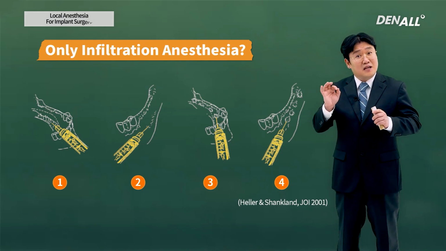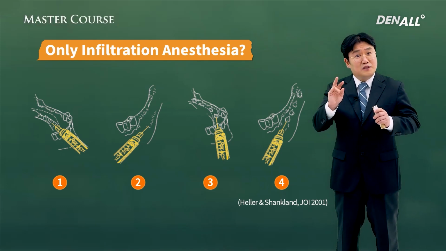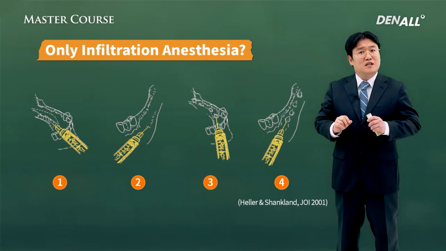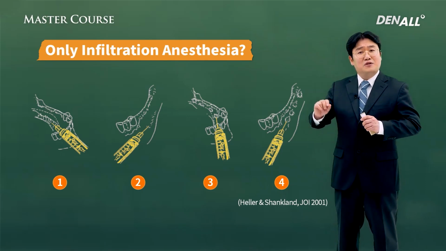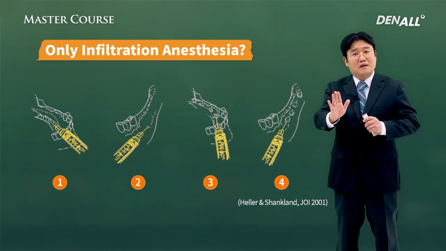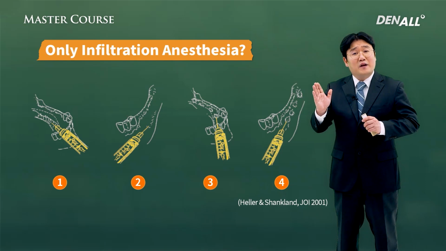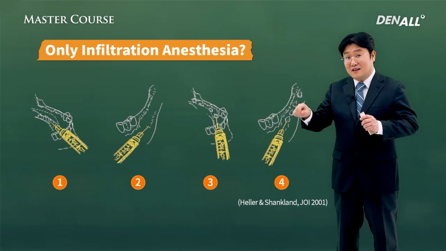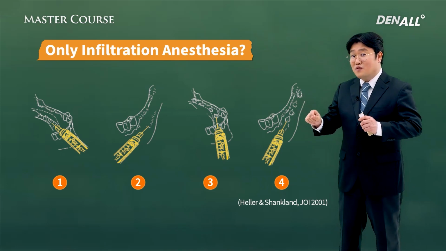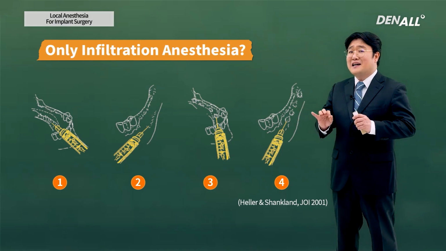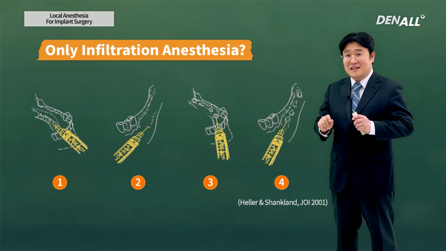First, we are concerned about direct injury. Number 2, as I briefly touched upon before, if the inferior alveolar nerve is under anesthesia, when we do the drilling or place an implant, we may not be aware when we approach the inferior alveolar nerve.